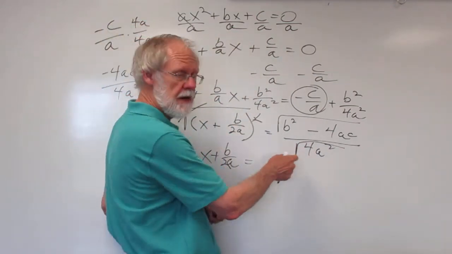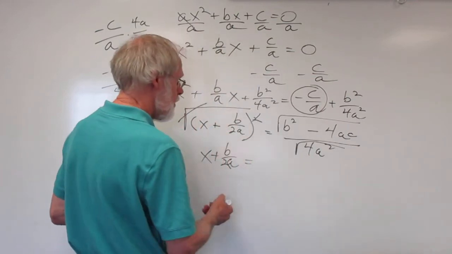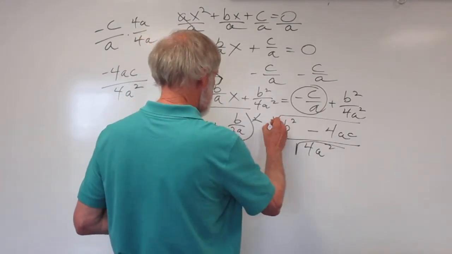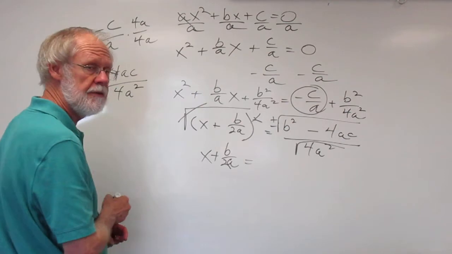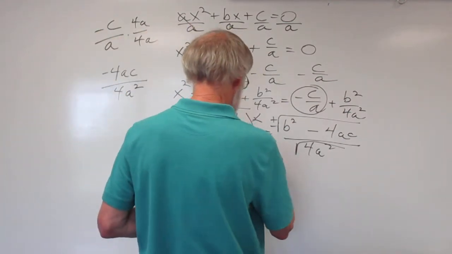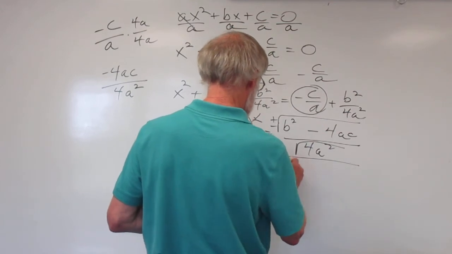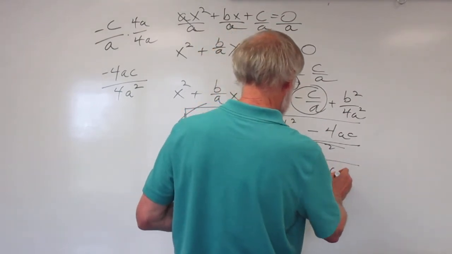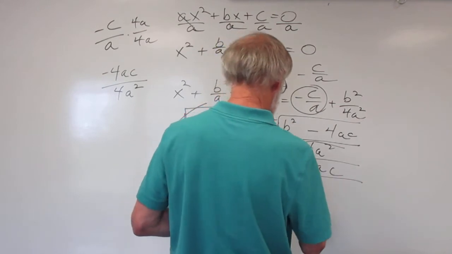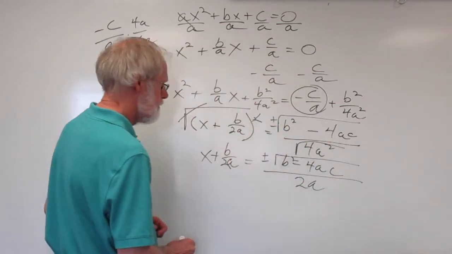The square root of 4a squared is 2a. So what I get is, this, by the way, should have been a plus or minus when I took the square root. So now I have plus or minus the square root of b squared minus 4ac over 2a.